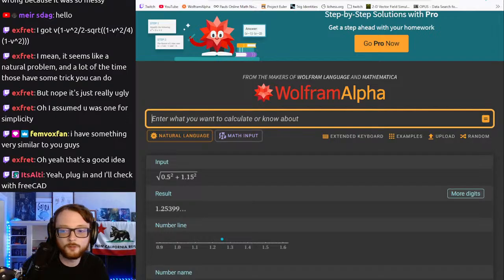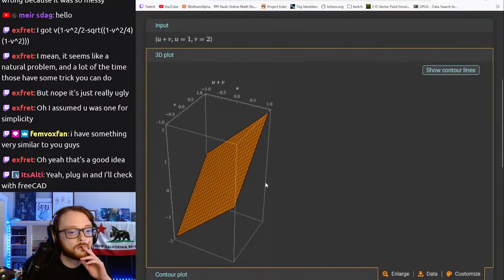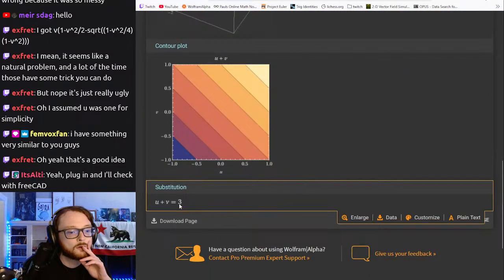Oh yeah, true, Alti. So I'll say, what comes first? u? Okay, yeah, x is u, because I don't know if Wolfram Alpha likes u and v. u equals 1, v equals 2. 3?